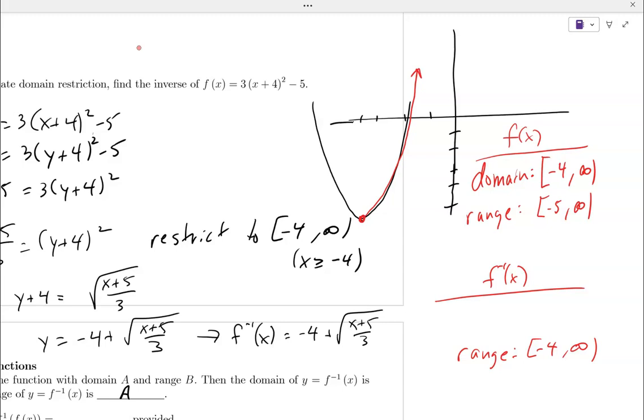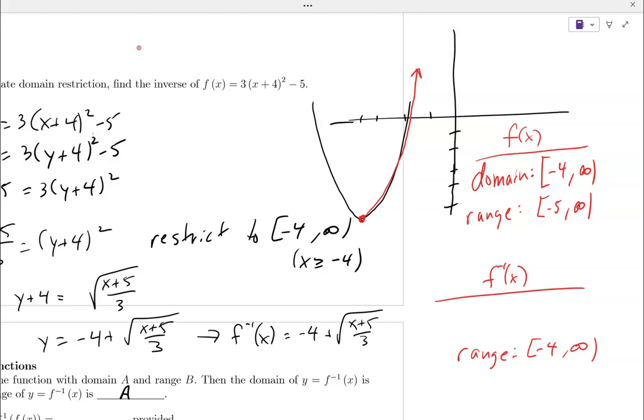What would be your base function if you were doing this with transformations? Be square root, right? Where does your square root function bottom out at? What's the lowest thing that you can get out of a square root function? What does your square root function look like originally? Like that, right? Where's that bottom point? It's at 0, 0, isn't it, right?